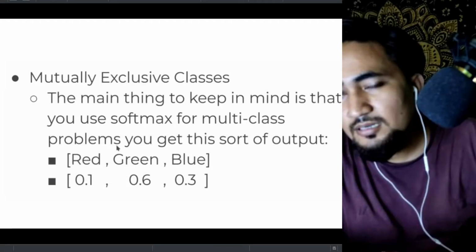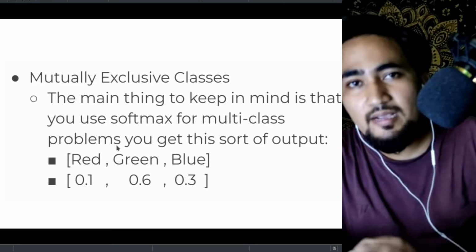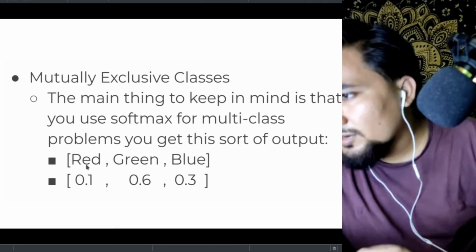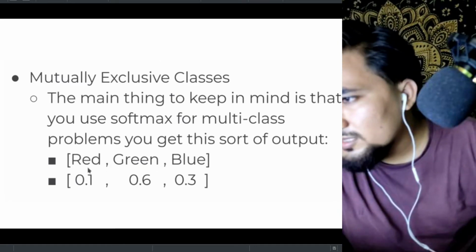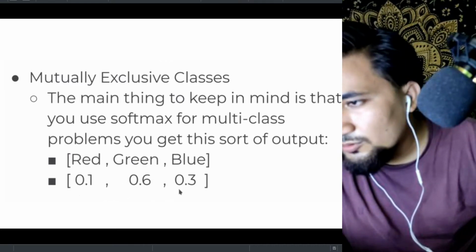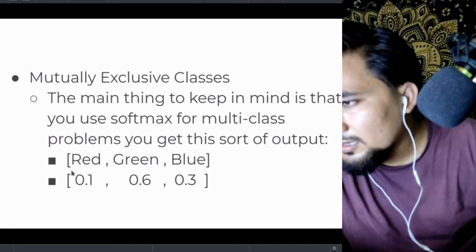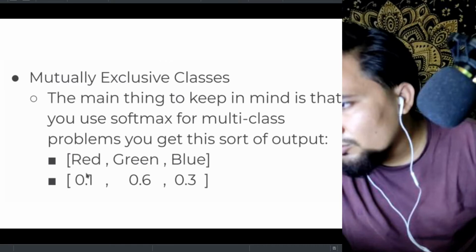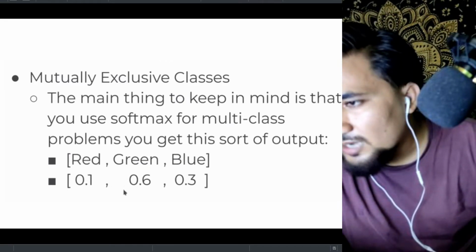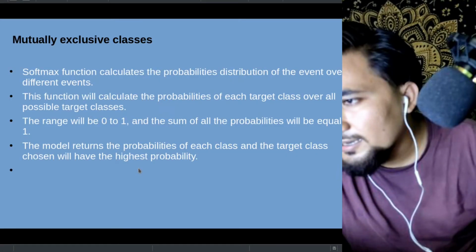We can see here in mutually exclusive classes, when we use this softmax function, the output is derived as this: red, green, and blue. These numeric values are the probabilities of the respective classes. We have probability 0.1 for red, 0.6 for green, 0.3 for blue, and we can see here the highest probability is 0.6, that is of green.